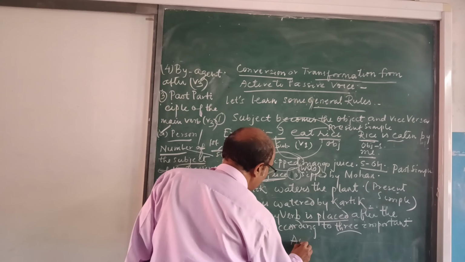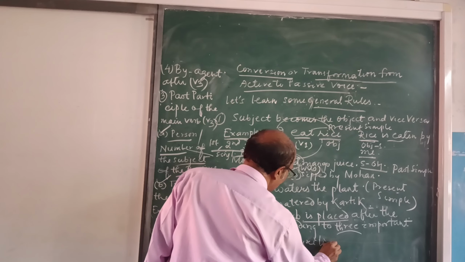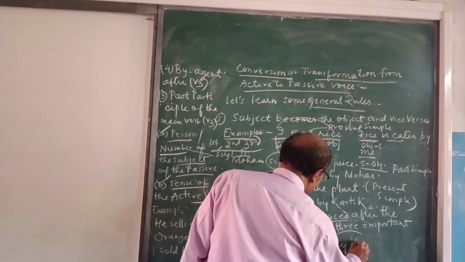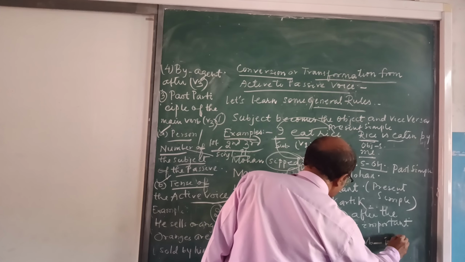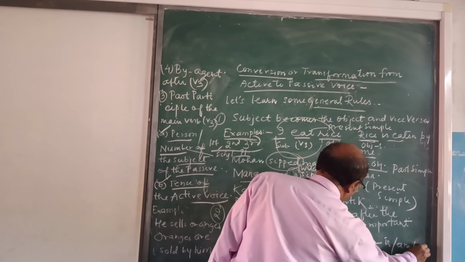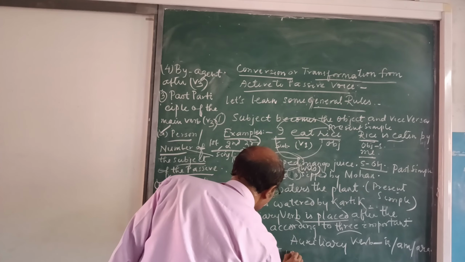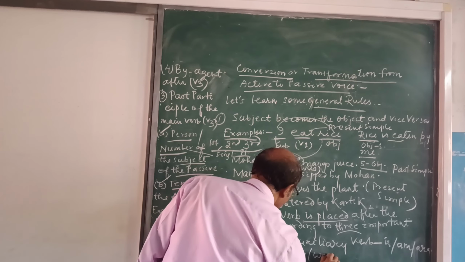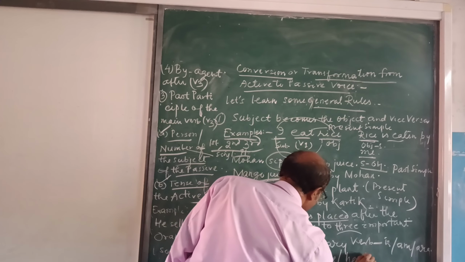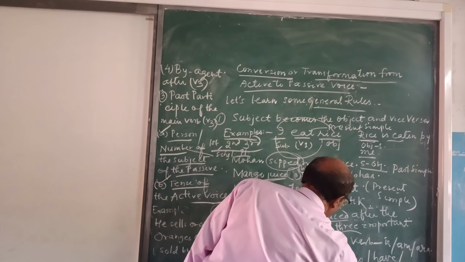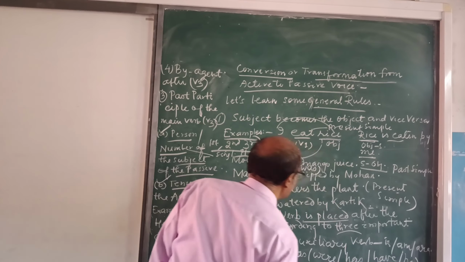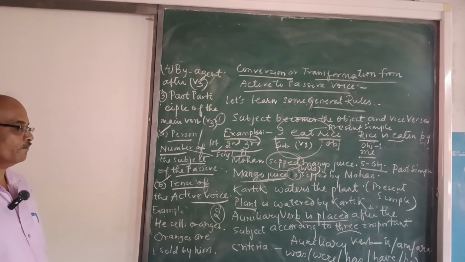What is this auxiliary verb? Auxiliary verbs are is, am, are, was, were, has, have, had. These come under your auxiliary verb.